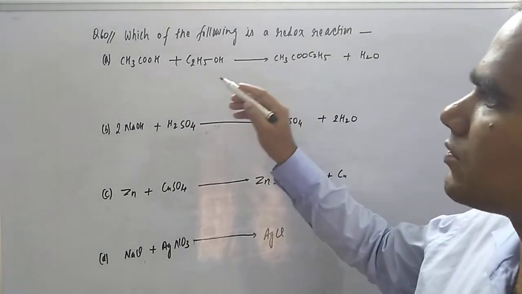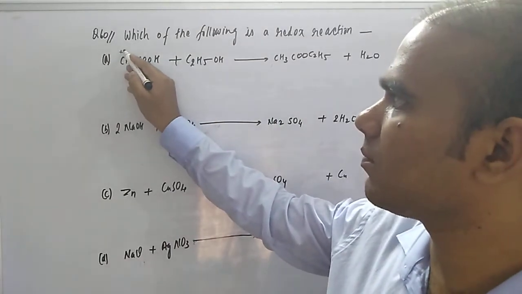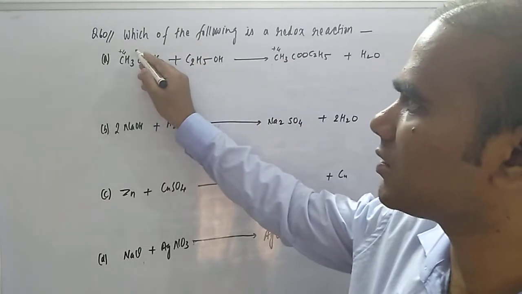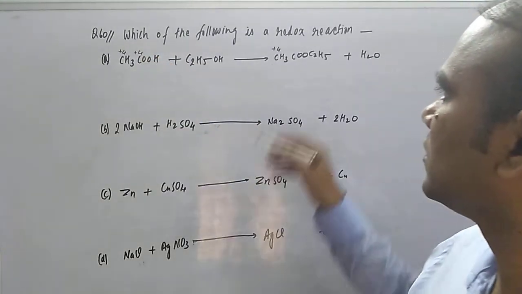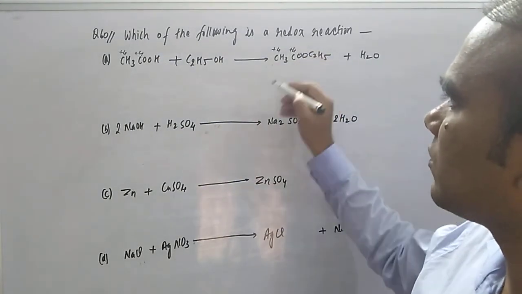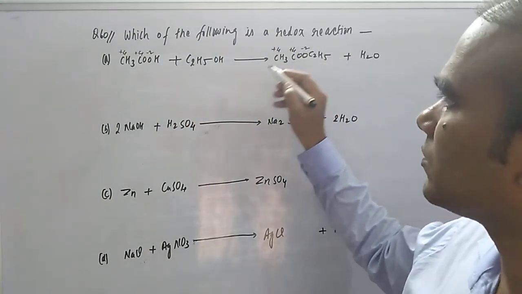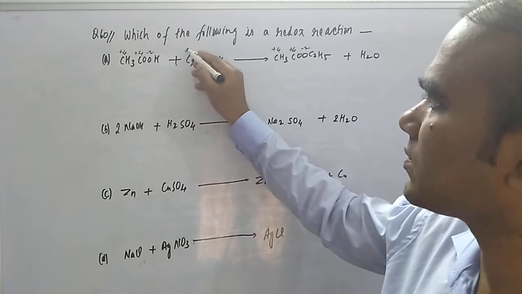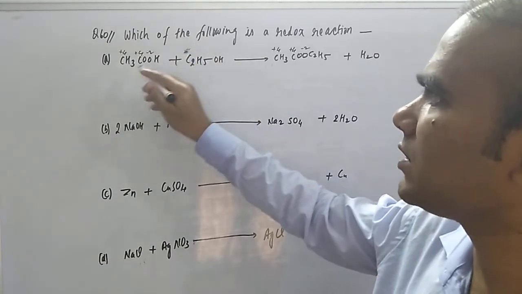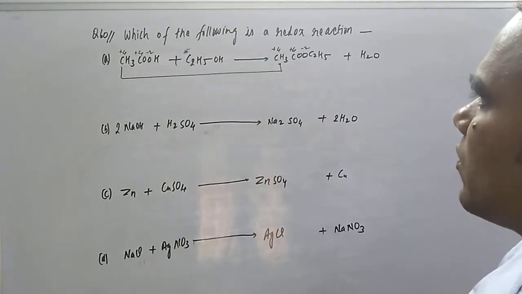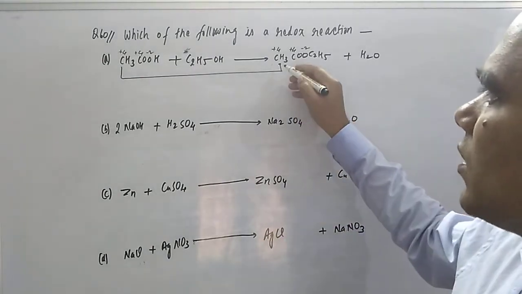So here you see, student, what oxidation number is there: plus 4 is there, here is also plus 4, this is also in the state of plus 4, this also is plus 4 only. Here oxygen is minus 2, this is minus 2. So there is no change there. Here all are in the plus 4 oxidation state, because 4 bonds are there.